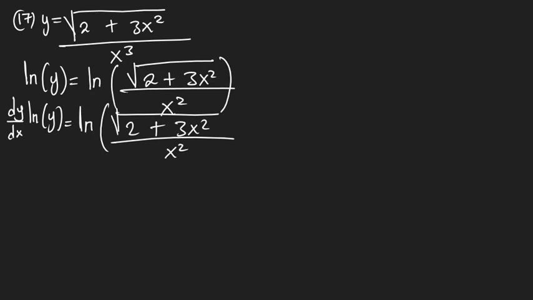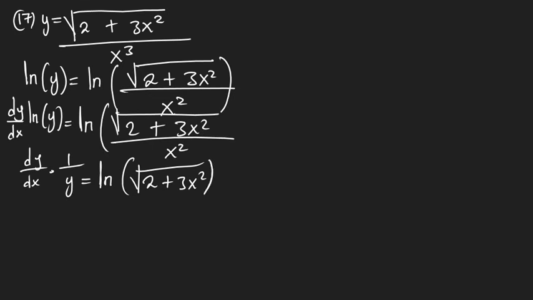Of course, dy dx of ln of y is going to give you dy dx 1 over y is equal to, then of course this is going to be ln of square root of 2 plus 3x to the power 2 minus ln of x to the power 3.